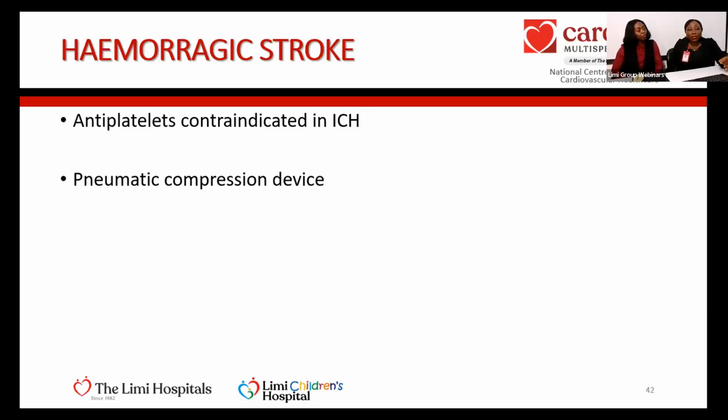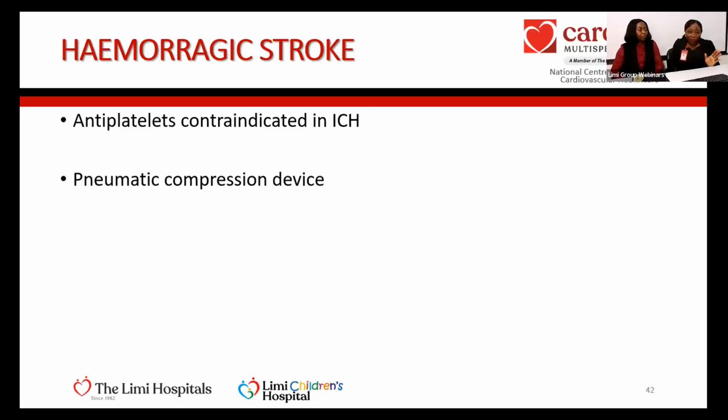And then for them, we can't do your usual DVT prophylaxis of giving clexane, like we would normally do clexane, that's enoxaparin, or we do our heparin. Because we can't do that, especially in the first few days of hemorrhagic, you now need to use your pneumatic compression device.